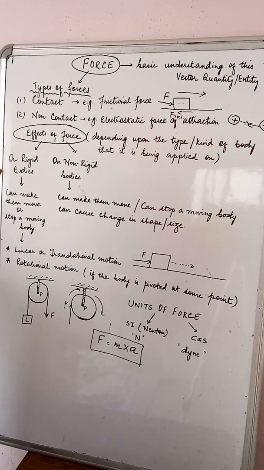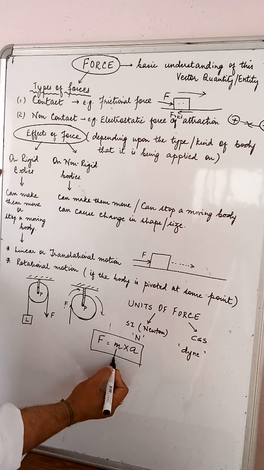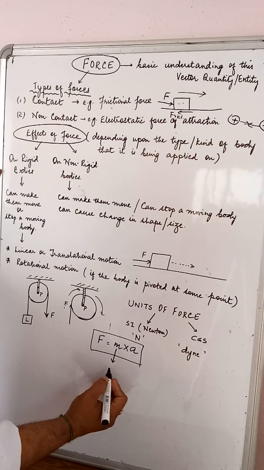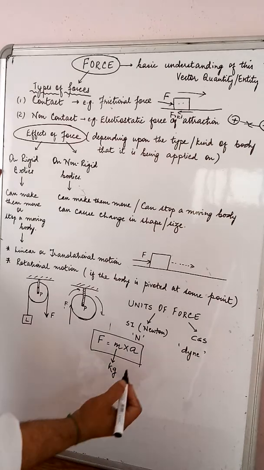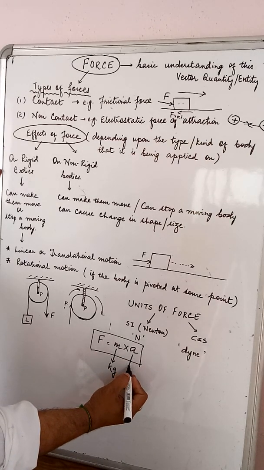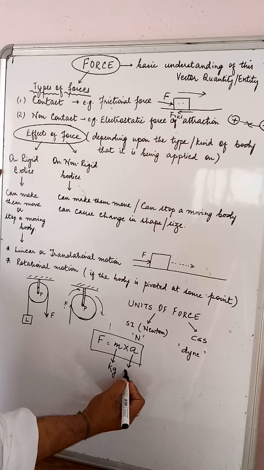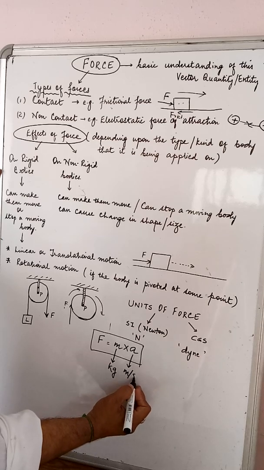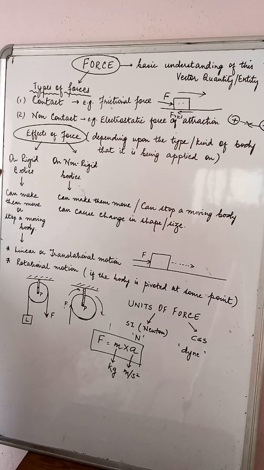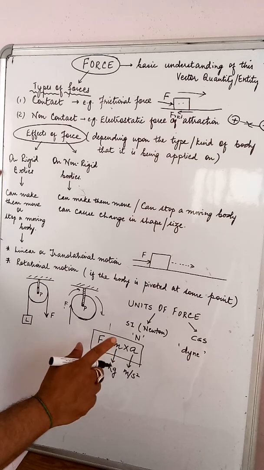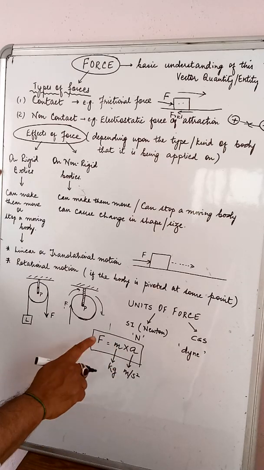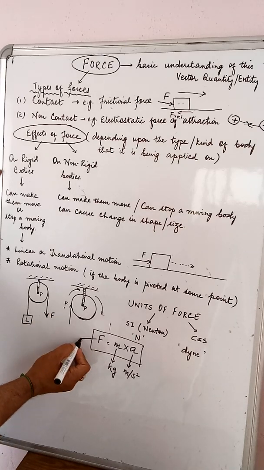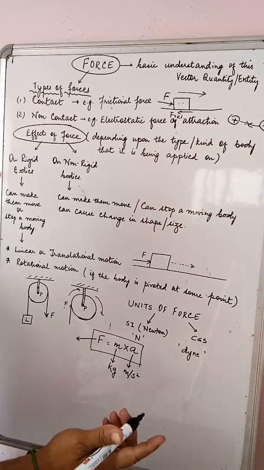Now what is the SI unit of mass? The SI unit of mass is kg. What is the SI unit of acceleration? The SI unit of acceleration is meter per second square. Now if somebody asks you, using these SI units in the formula, can you get a unit of force also? My answer would be yes.